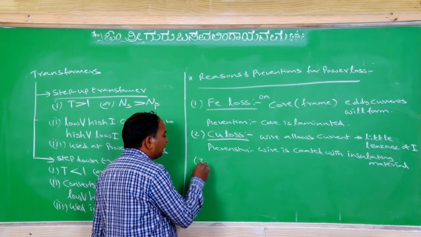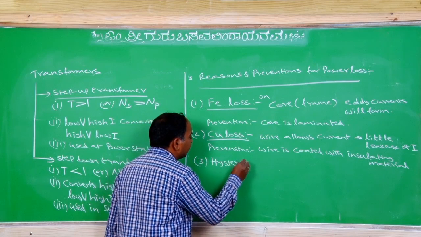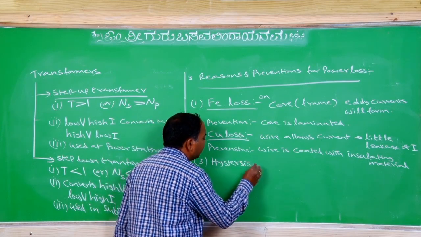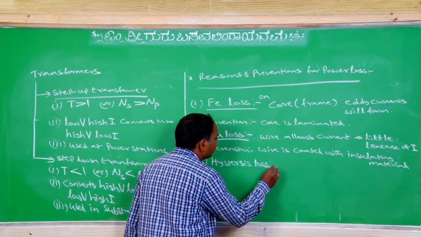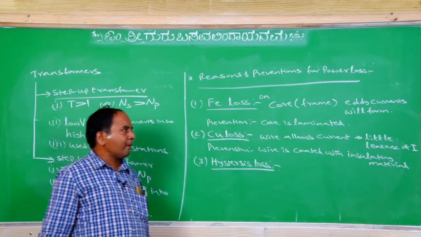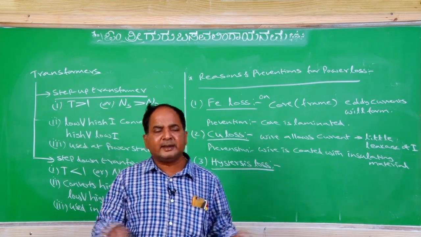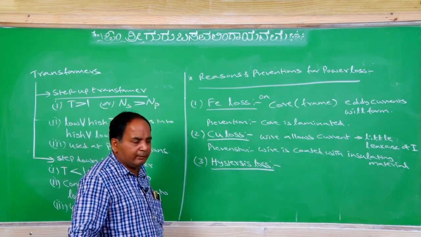The third one is said to be hysteresis loss. What is meant by hysteresis loss? Already we know that when current passes through a conductor, a magnetic field forms in its vicinity. Suppose this is the conductor and current I is flowing. In the perpendicular direction, the magnetic field will form.